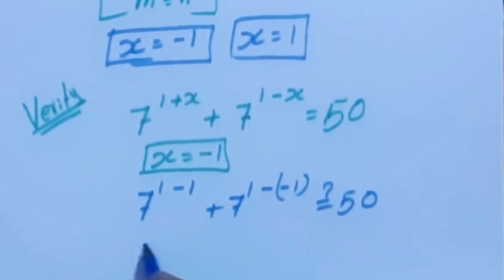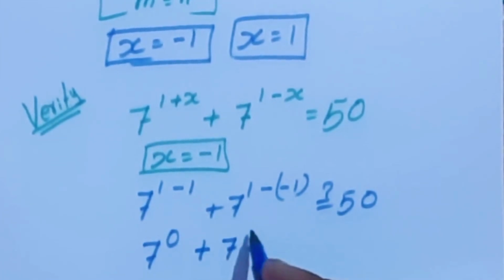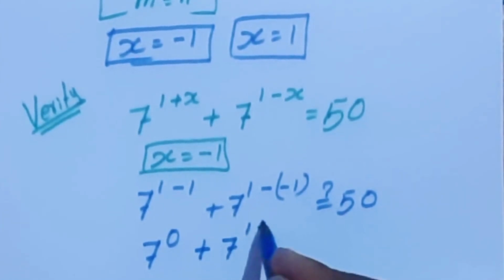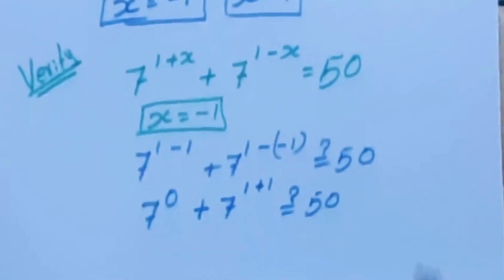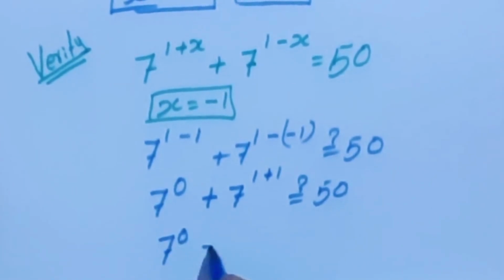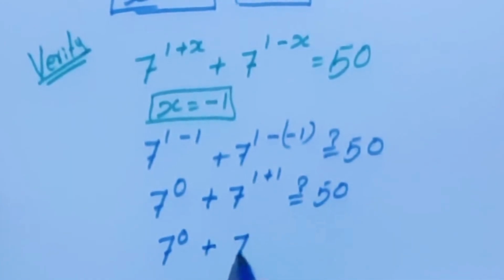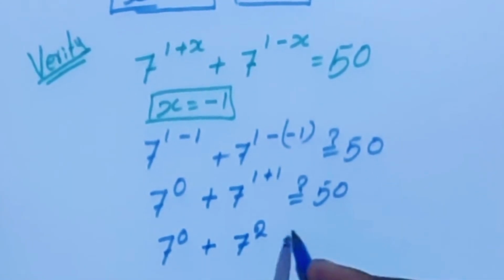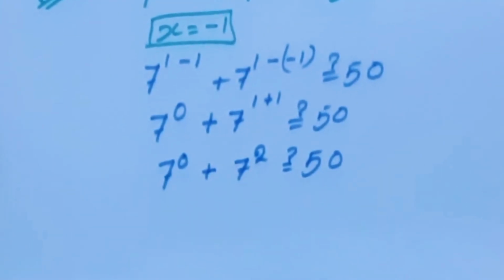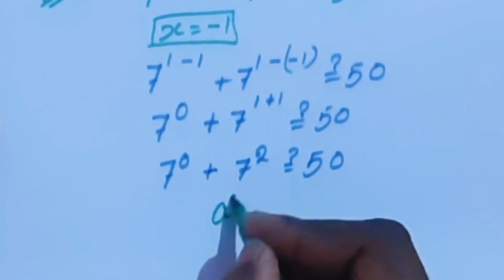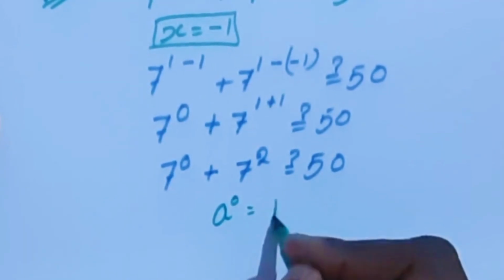Now, this is 7 power 0 plus here 7 power 2 equal to 50. Now, a power 0 equal to 1.